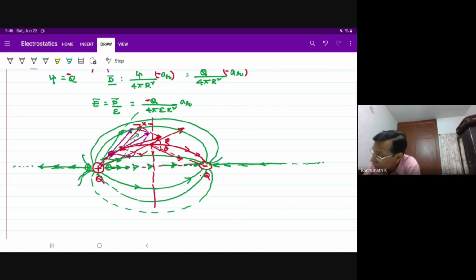In which, please see, if these two charges are of same magnitude, the number of flux lines or field lines emitted by positive charge is equal to the number of flux lines or field lines getting terminated on the negative charge.